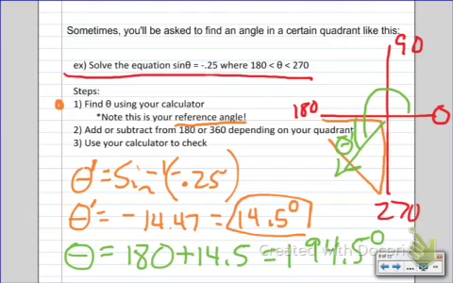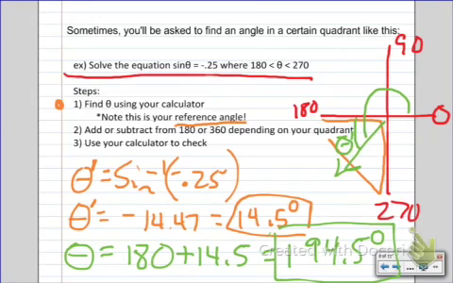So 194.5 degrees is the angle I am looking for. And if I put in sine of 194.5, I get negative 0.25038 because we rounded, but that is the correct answer.